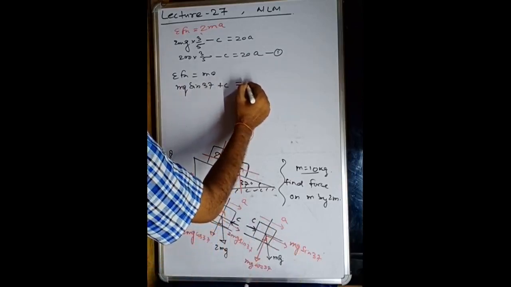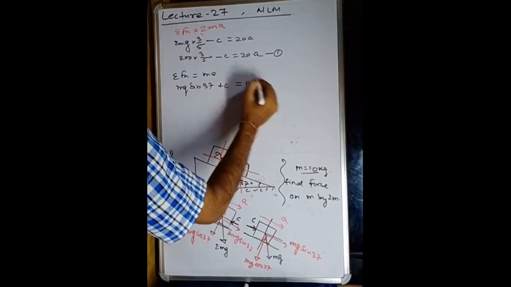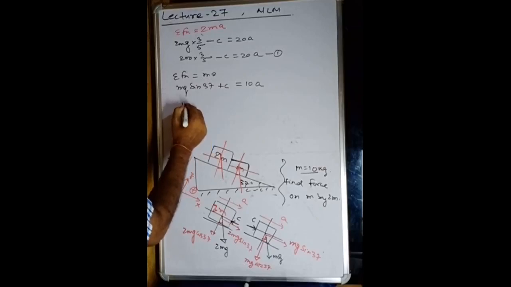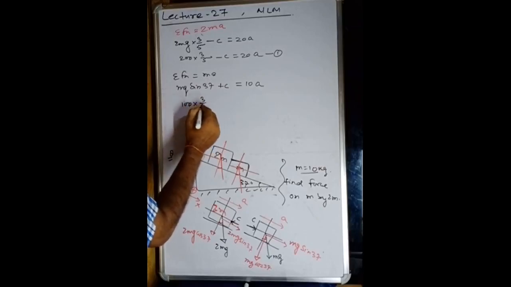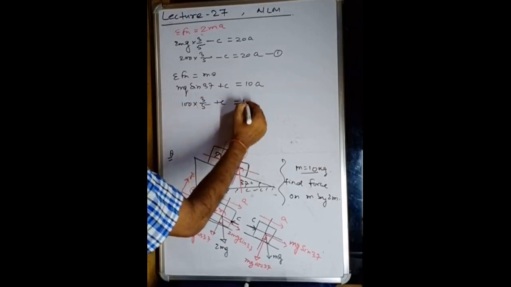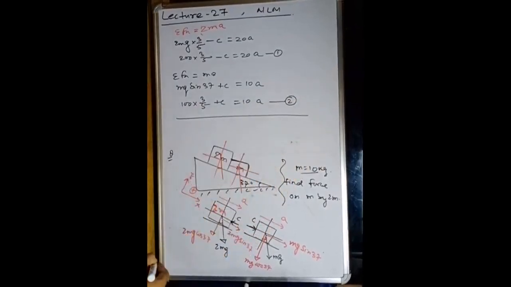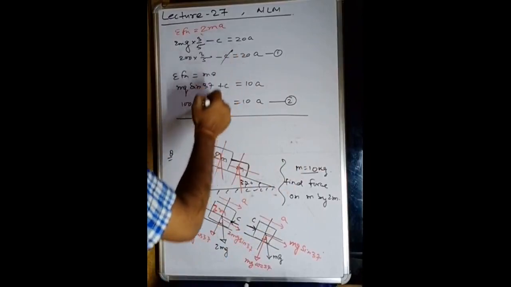It is mass times acceleration, that is 10a. We will solve this equation. It is 100 times 3 by 5 plus C equals 10a, equation 2. Solve these equations. C will be cancelled out.